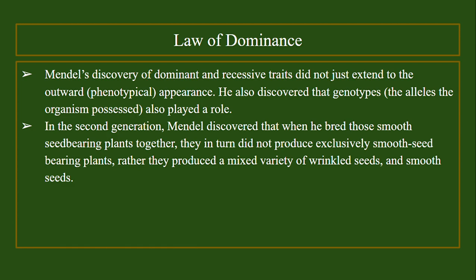When he crossed those two smooth seed-bearing plants, they did not produce exclusively smooth seed-bearing plants. Instead, the offspring of that generation produced a variety of wrinkled and smooth seeds.